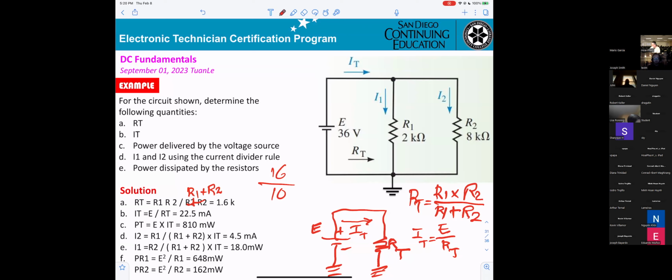Is it 1.6? Yes, so the answer will be correct. Okay, anything wrong on that answer here?